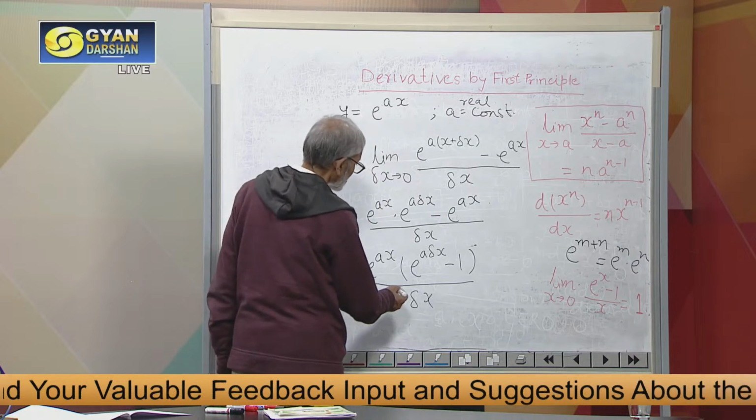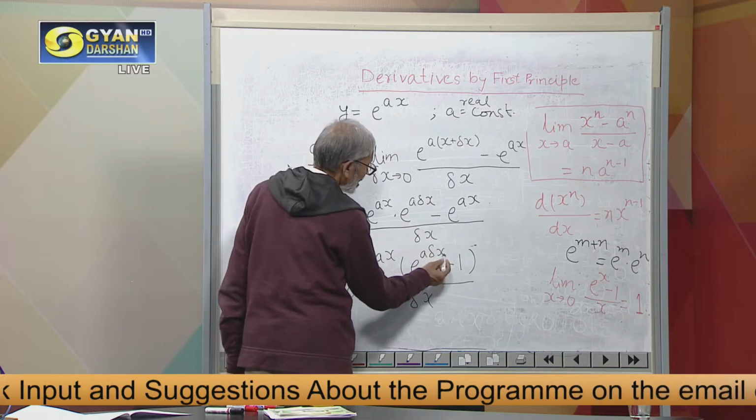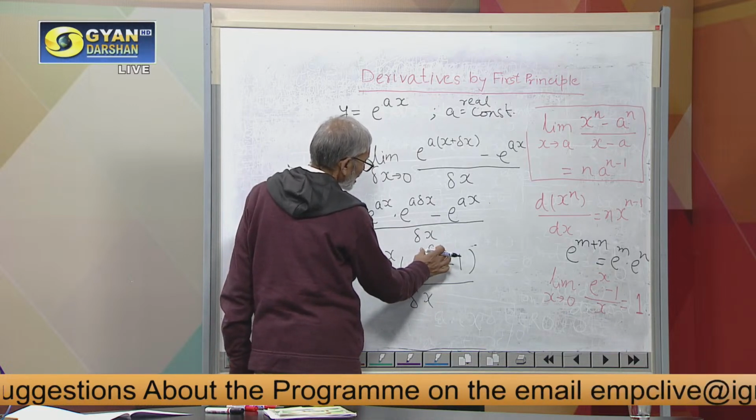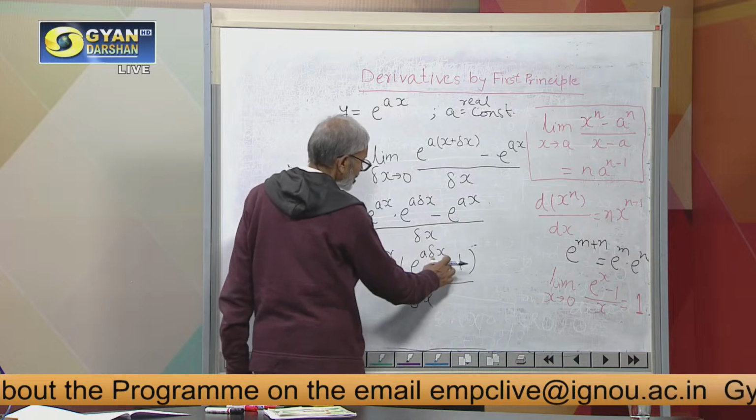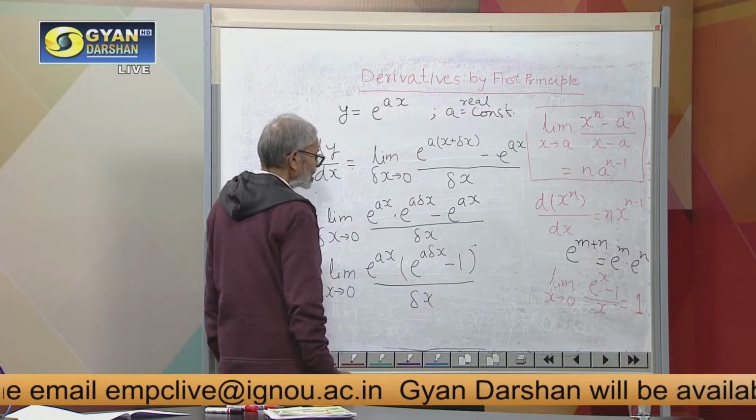Since you see this term e to the power a delta x, here x is a delta x, minus 1, and in the denominator only delta x.